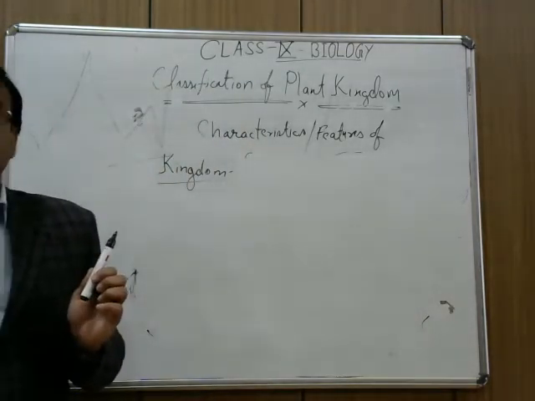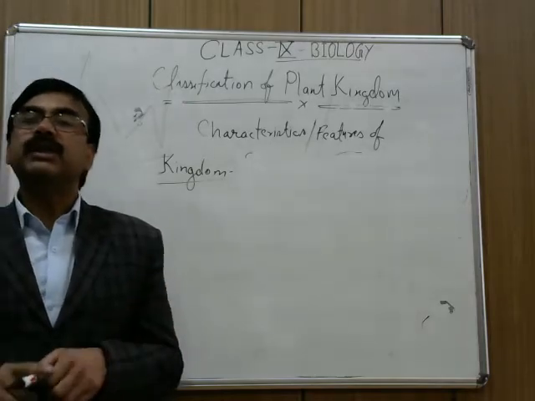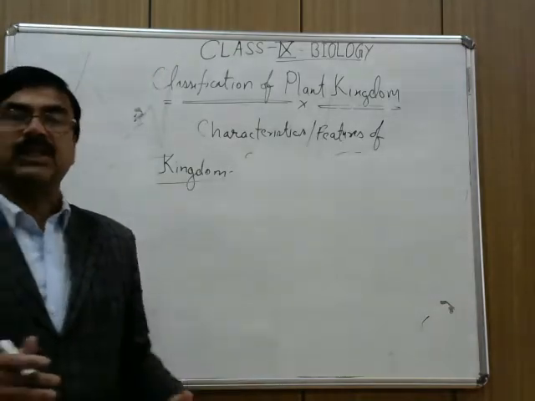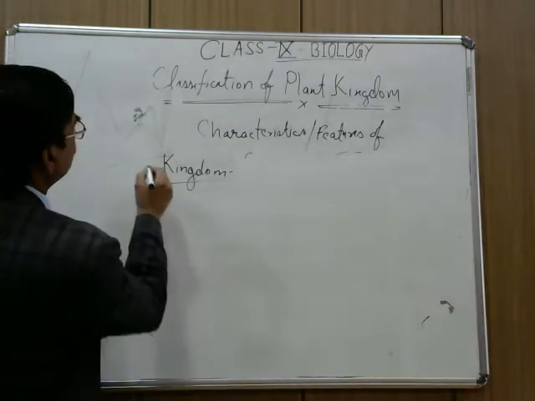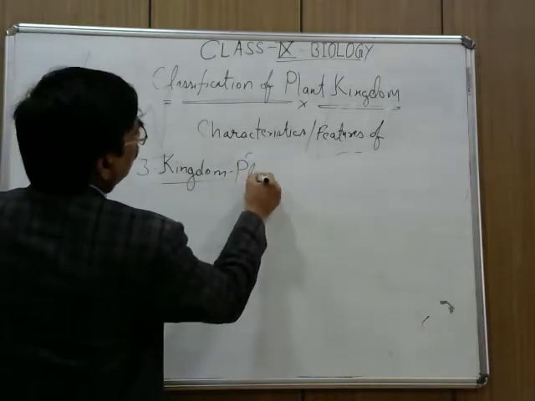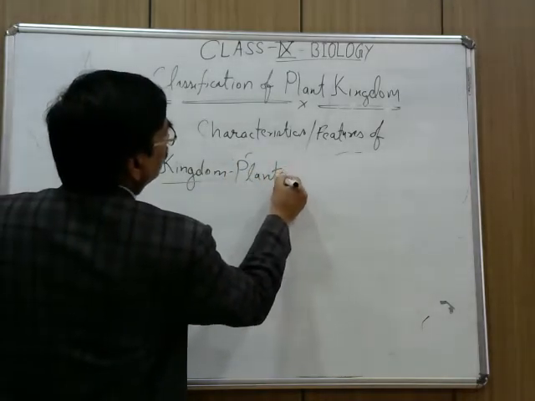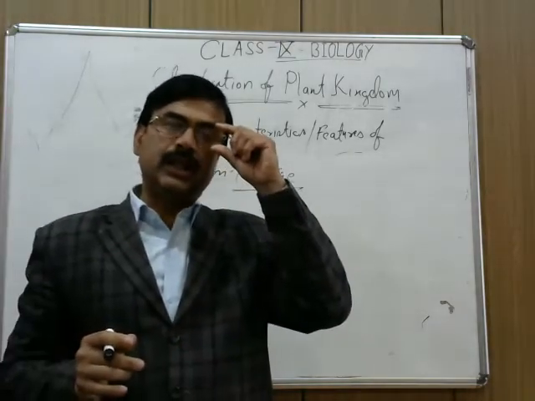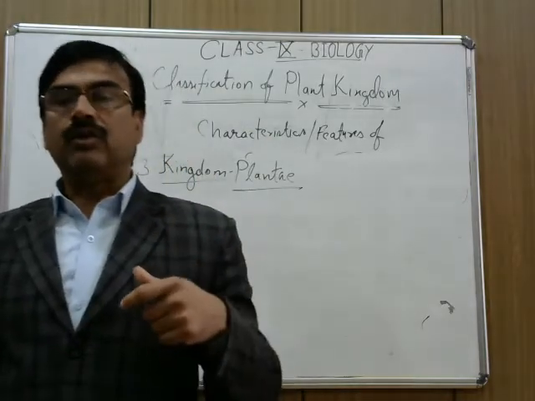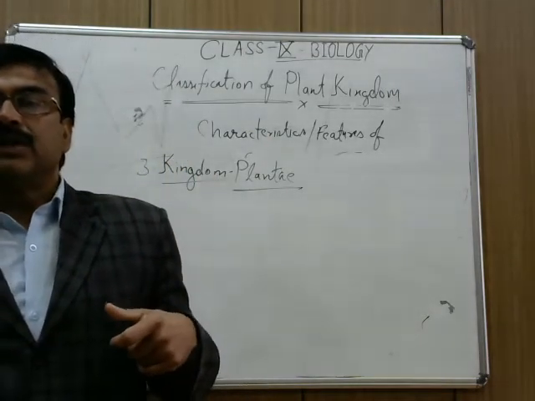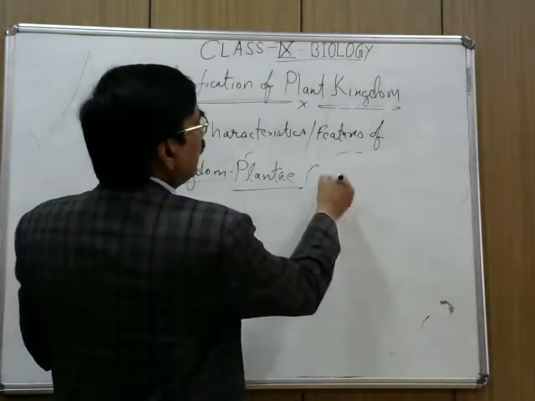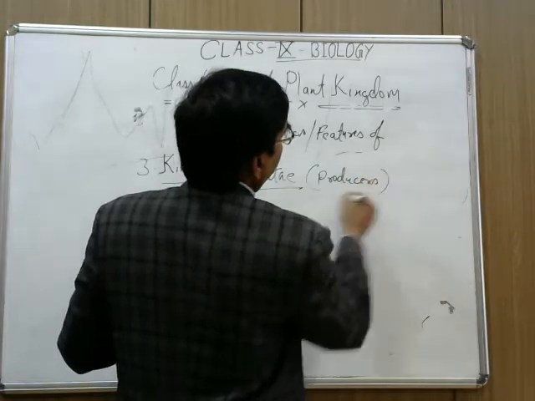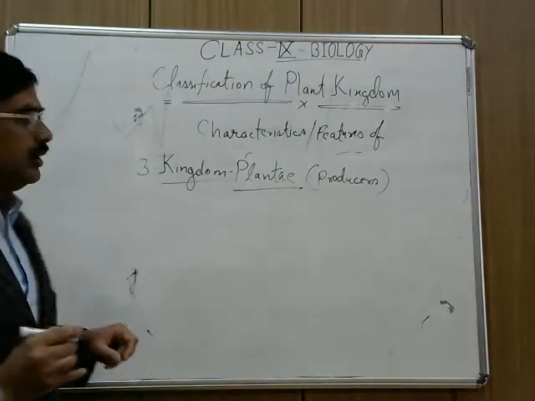Kingdom number 3, you have to remember, number 3, they are Plantae. Number 3 category, means definitely they can perform photosynthesis, they are autotrophs, they contain chlorophyll, that is why they are called producers.